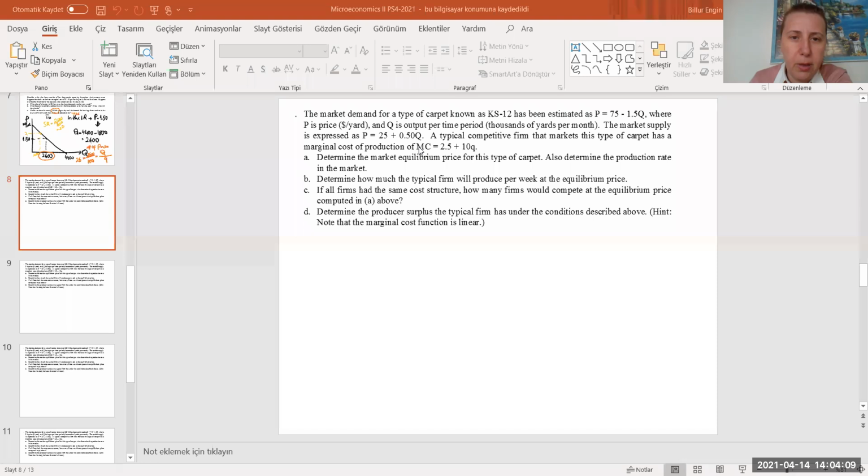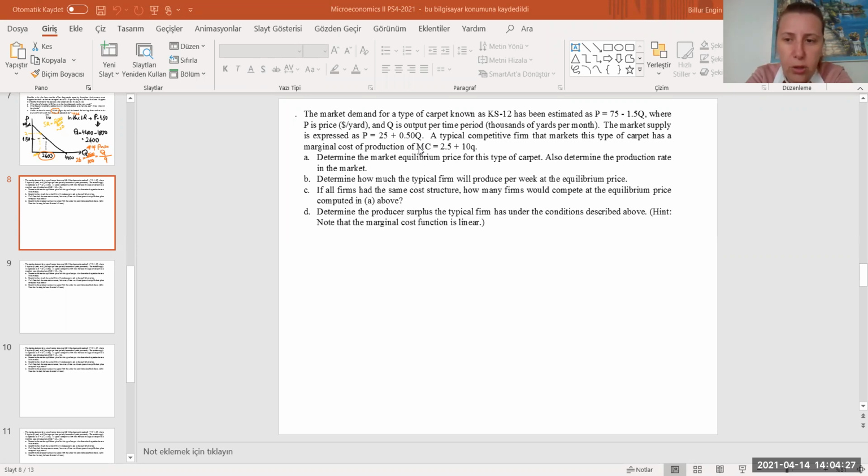The market supply is expressed with the function P equal to 25 plus 0.5Q. A typical competitive firm that makes this type of carpet has a marginal cost of production, which is given.